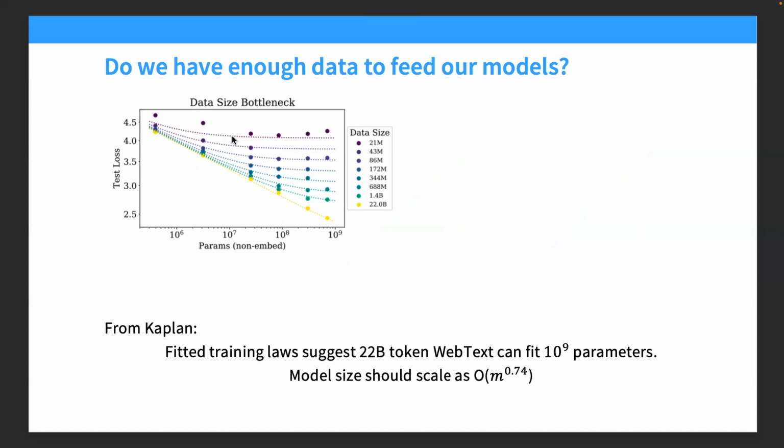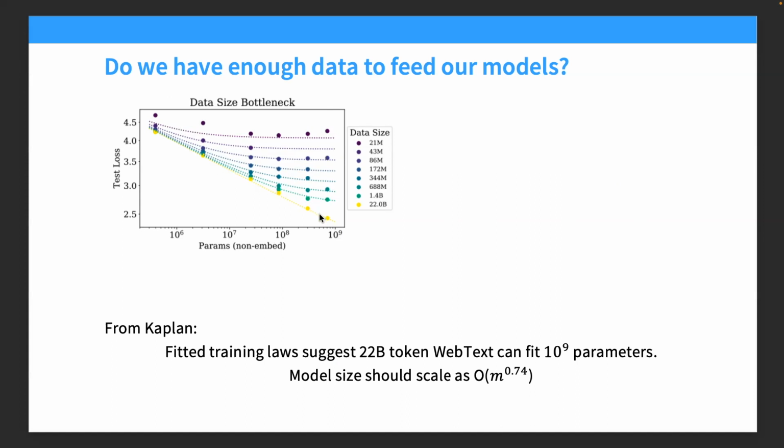People really identify the data size bottleneck, as this figure also showed up on the earlier slides. If you keep the data size the same, even if you increase the model parameters, the performance will not continuously improve, but you may need to increase your data size.